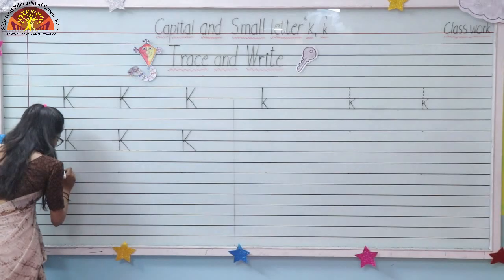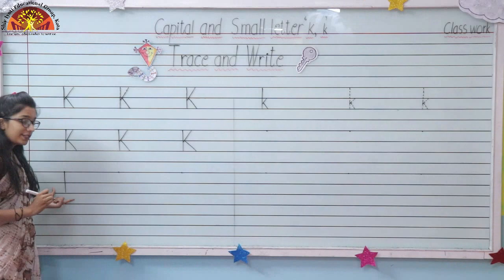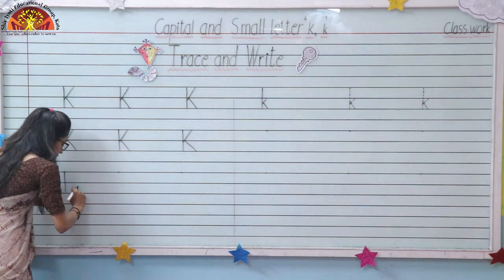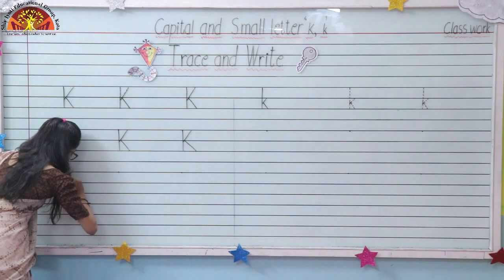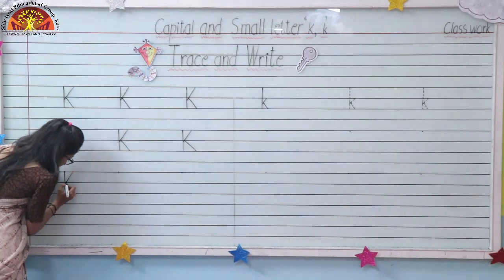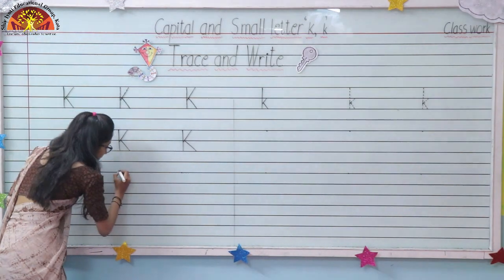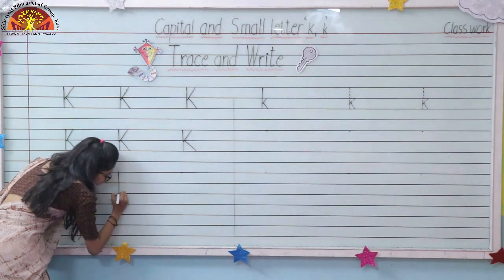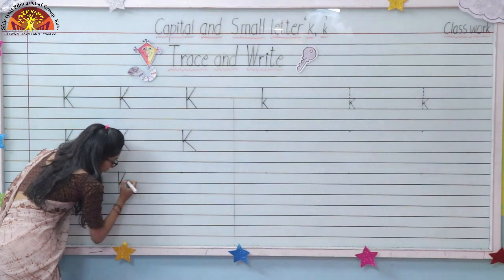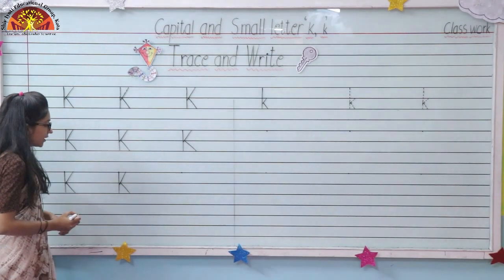Again kids, standing line. Like this you have to touch all the lines, means these three lines. Now from here you have to draw a slanting line. One more slanting line. Like this. Again kids, standing line, slanting line, one more slanting line, like this.